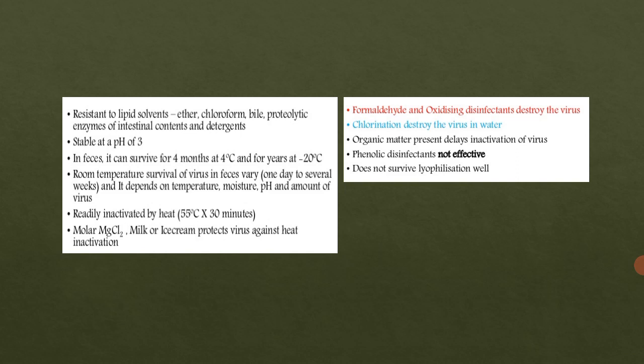First, it is resistant to lipid solvents such as ether and chloroform, bile, proteolytic enzymes of the intestinal contents, and detergents. See, the bile and proteolytic enzymes are already present in our intestine, and this virus is resistant to these also, including ether, chloroform and some other detergents. Then the virus is stable at acidic pH, that is pH 3.